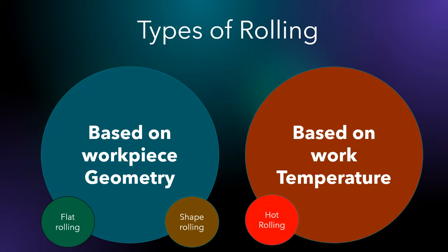Hot rolling is a classification based on temperature, where a significant deformation can be achieved by working above the recrystallization temperature. The other type is cold rolling, which produces sheets and plate stock when the part is deformed at room temperature or slightly above.